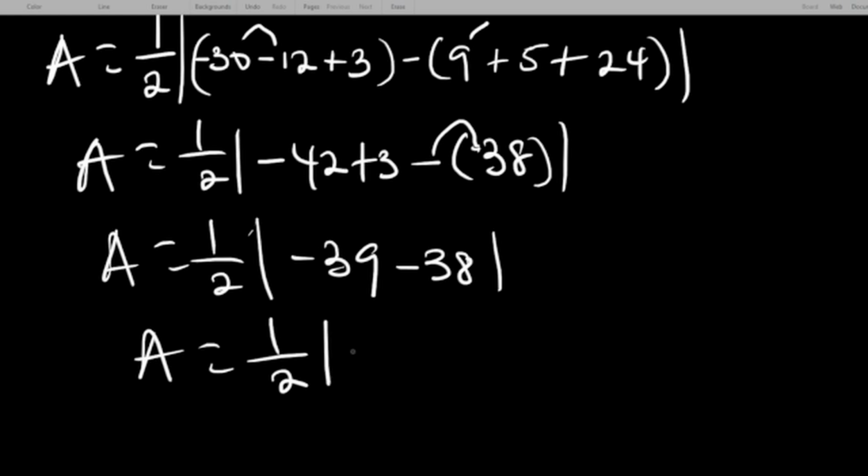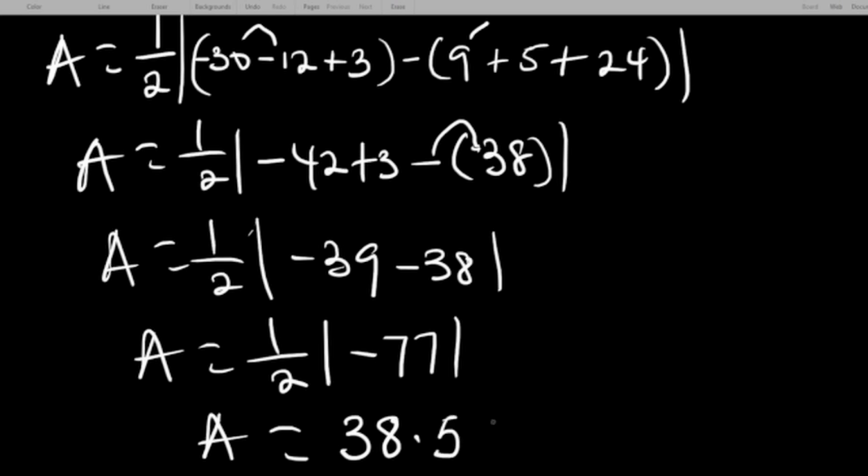So we have the absolute value of negative 77. And then the area equals 77 divided by 2 is 38.5. So the area is 38.5. So this is the area of the triangle.